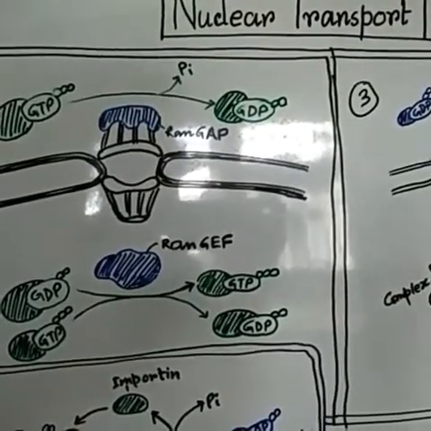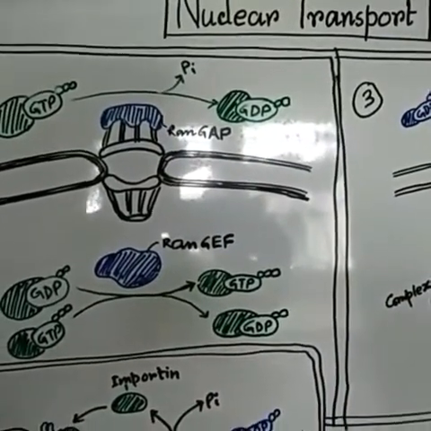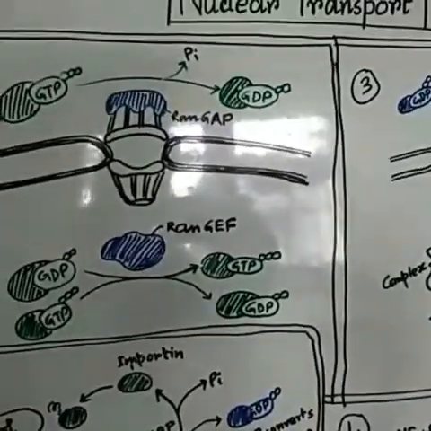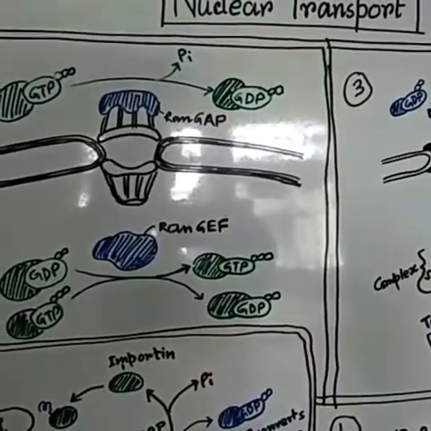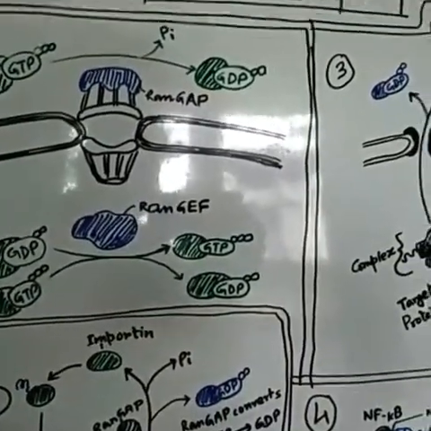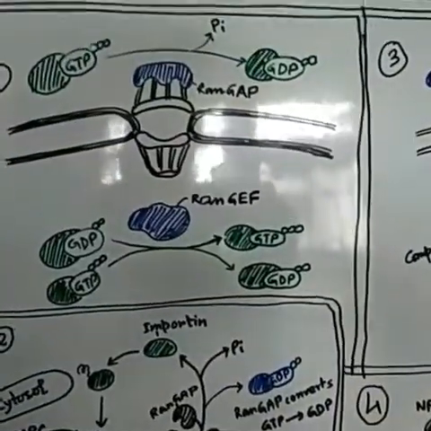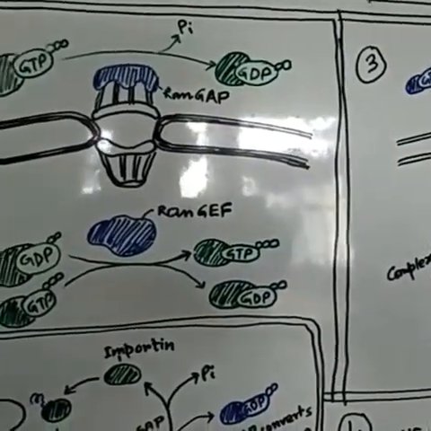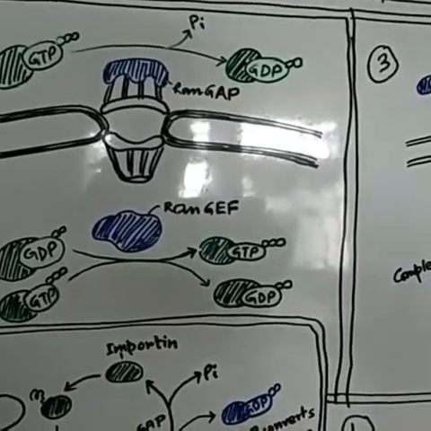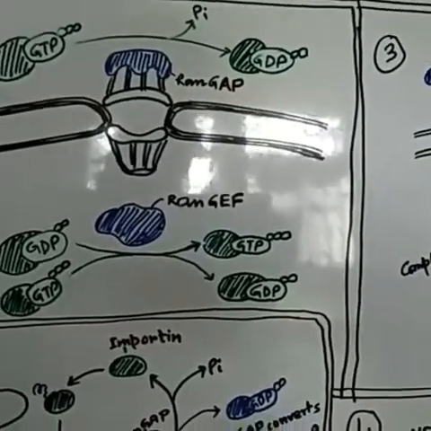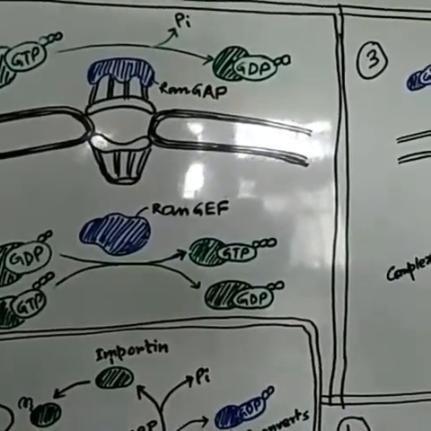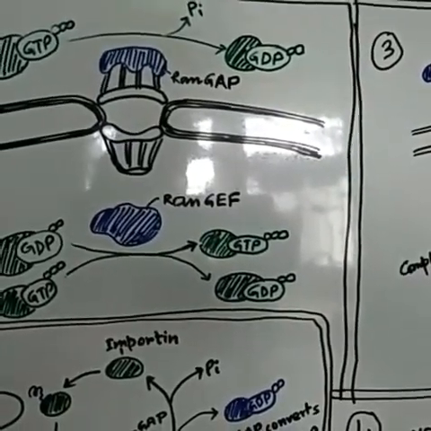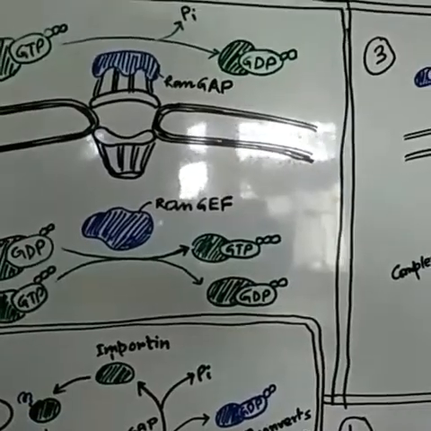Friends, you can clearly see the diagrams of the nuclear transport mechanisms, numbered 1, 2, 3 and 4. Number 1 denotes the overall mechanism of nuclear transport, meaning how GTP is hydrolyzed to GDP, and what the concentrations of GTP and GDP are both outside and inside the nucleus.